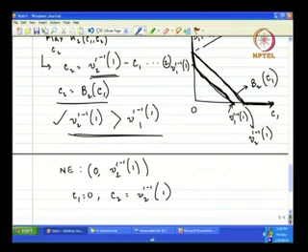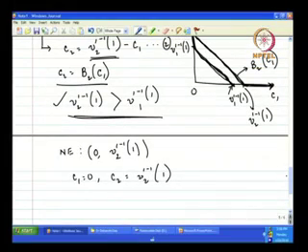If you remember, a couple of minutes ago we showed that V1 dashed inverse of 1 is the worth of the public good to player 1. Similarly, we can show that V2 dashed inverse of 1 will be the worth of the public good to player 2. So, if the worth is more for player 2, this model is telling us that it will be player 2 who will contribute the entire amount, and the person who does not value that public good that much will not contribute anything, he will contribute 0.